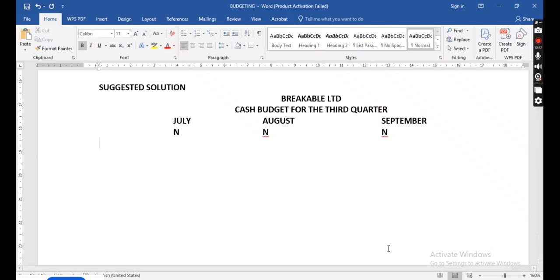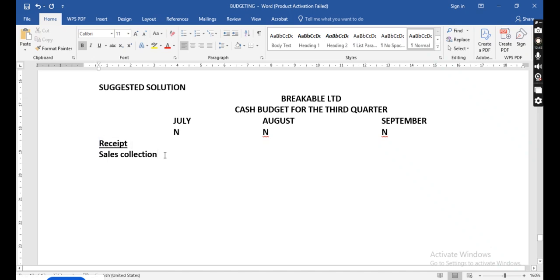Total sales collection, or you say sales collection. So this sales here is your inflow or your receipt, your cash inflow, right?